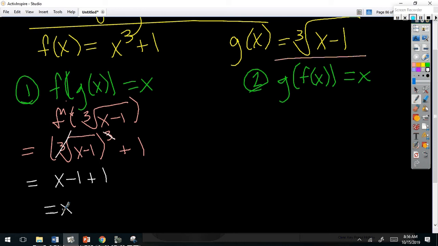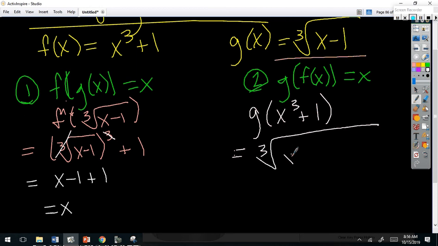And you have to show both of these every single time. g of f of x is the cubed root of x cubed plus 1, minus 1. It's not x anymore. It's x cubed plus 1. And then I got that minus 1 up there. What cancels first?